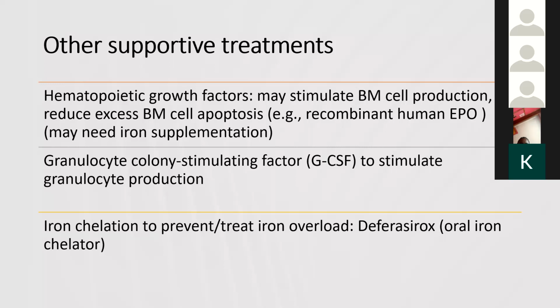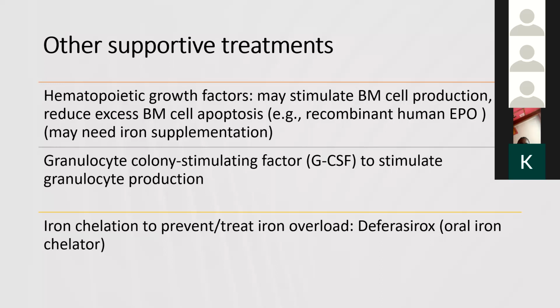Granulocyte colony stimulating factor can be given sometimes in patients who have neutropenia, and sometimes it seems to stimulate the production of neutrophils so that the neutrophil count can increase.